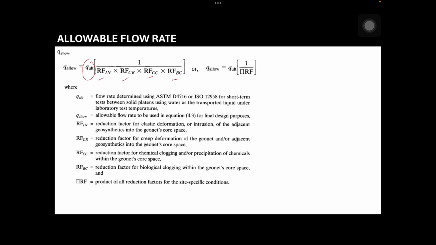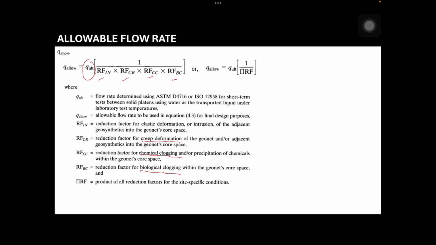And then, what do they mean? RFIN is reduction factor for elastic deformation, intrusion, etc. And then RFCR, it is a reduction factor for creep deformation. And then RFCC, reduction factor for chemical. RFBC, reduction factor for biological reasons.